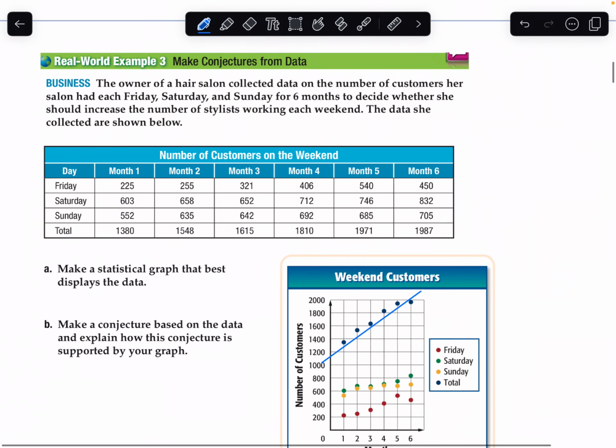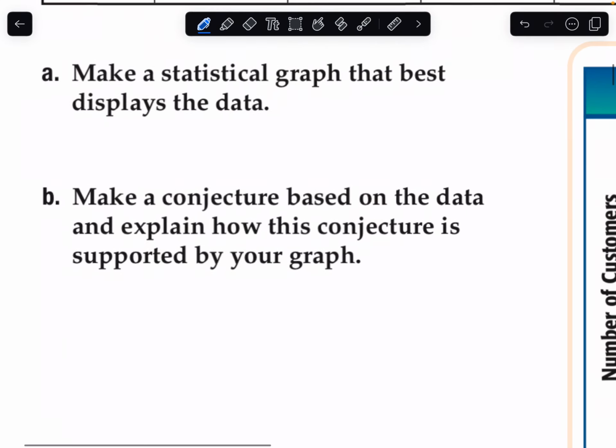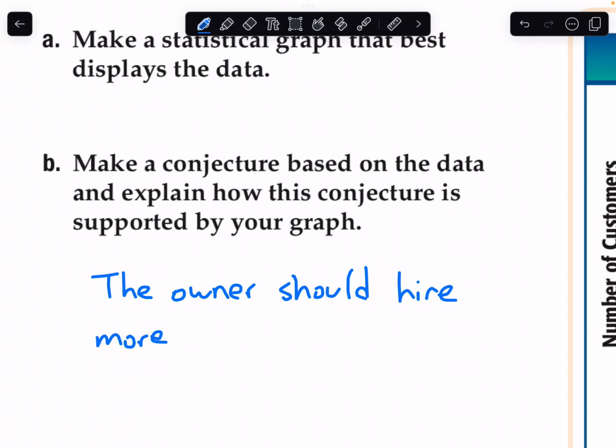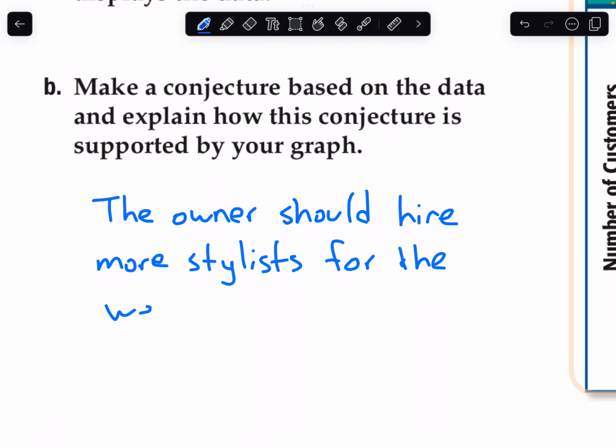What's her name? The owner of the salon. So my conjecture is the owner should hire more stylists for the weekend.